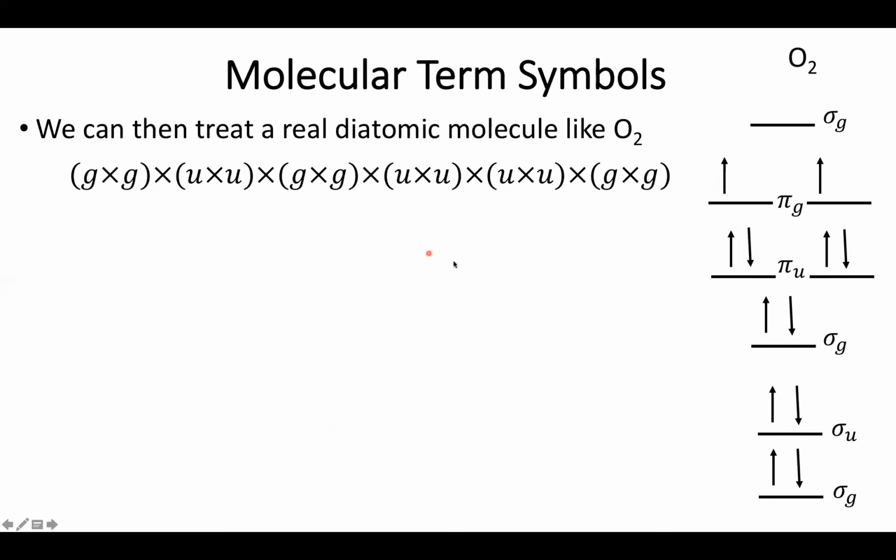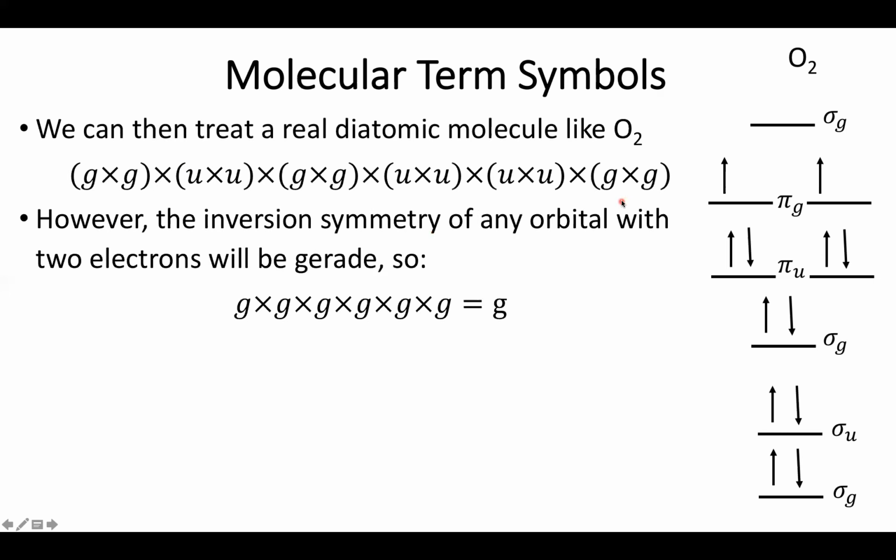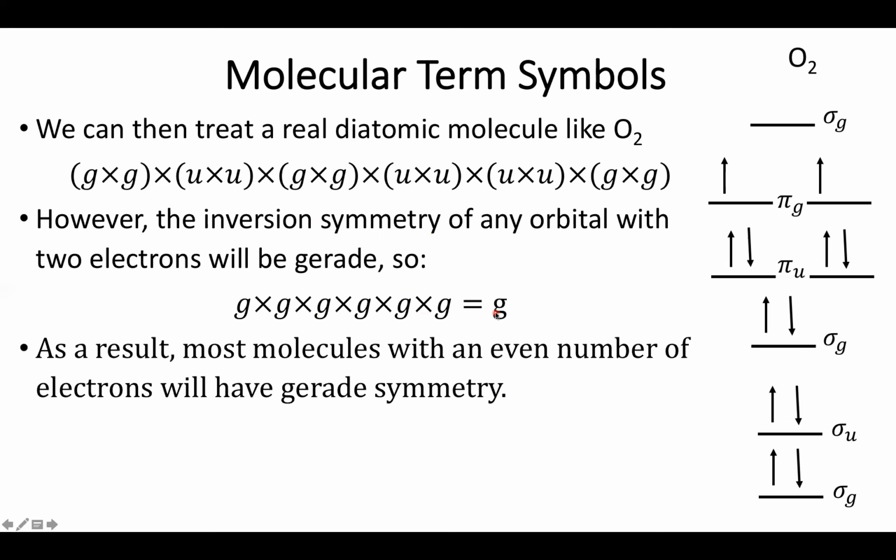But notice that since everybody is paired up, having this even number of electrons is going to be fairly nice because G times G is Gerard. U times U is Gerard, Gerard, Gerard, Gerard, and Gerard. So any of these orbitals with two electrons will always be Gerard. So this should give me an overall Gerard symmetry.